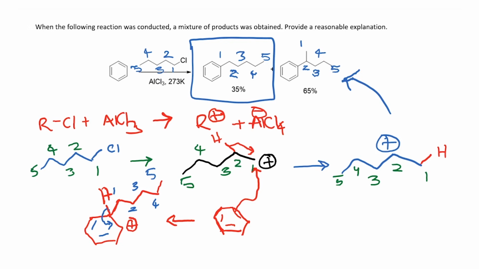And then the secondary carbocation, being more stable, is going to react and give you the major product. So you can explain both the formation of the product and the ratio using the formation of the carbocation and the stability of the carbocation.